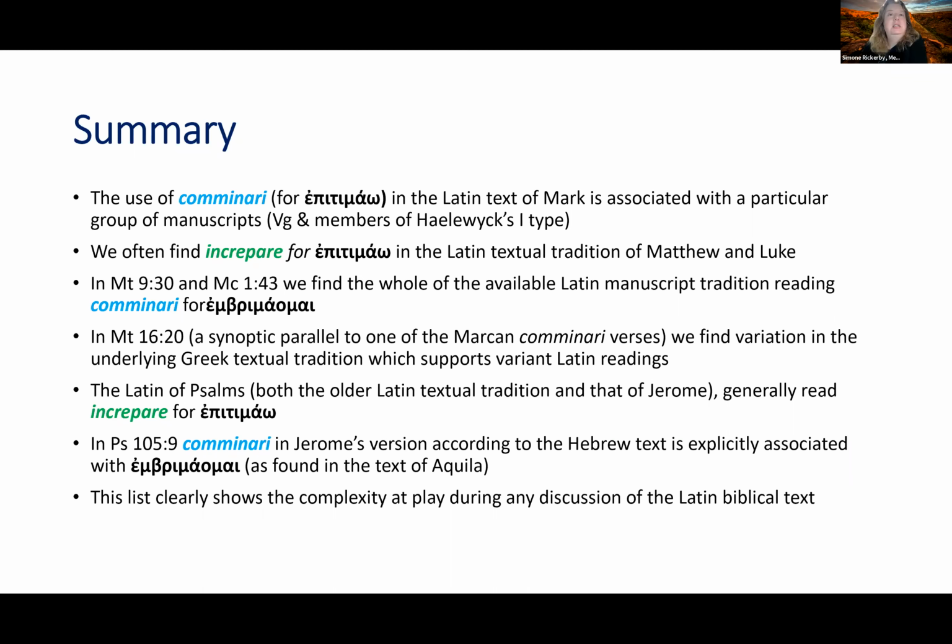Finally, I demonstrated that in the Latin textual traditions of Psalms, including that associated with Jerome, epitomao is almost invariably translated as increpare, with one exception. However, comminari is found in Jerome's version, but here it is associated with Aquila's comminari, as Jerome translates it, or embrymalmai, as we find in the Greek textual tradition. This summary clearly shows the complexity at play during any discussion of the Latin biblical text.